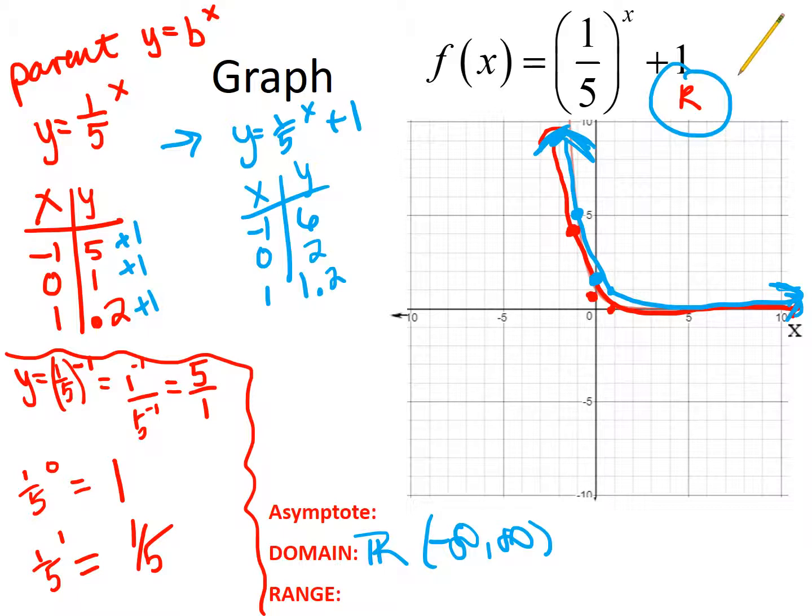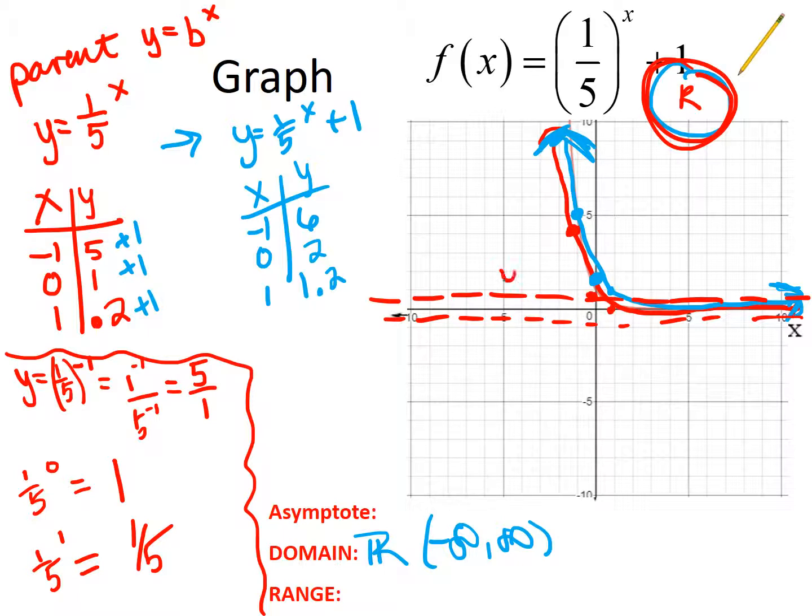So my red line never crossed y equals 0. But now that I moved my parent table up 1, this plus k, that means that my new line of not crossing, and I drew this poorly, so I'm sorry about that, is y is equal to 1. My blue graph should not ever be crossing y is equal to 1, okay?